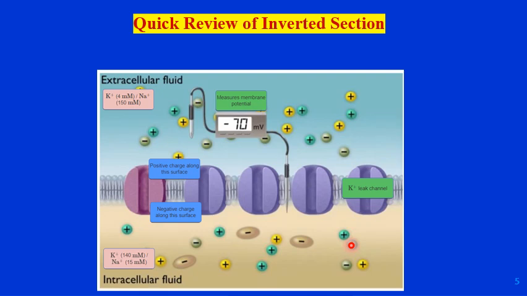If potassium is escaping from the inside to the outside, the inside of the cell will actually become more negative. Does that make sense? Hopefully. All right, so if you have something positive that is going out, then the inside is going to become more negative.